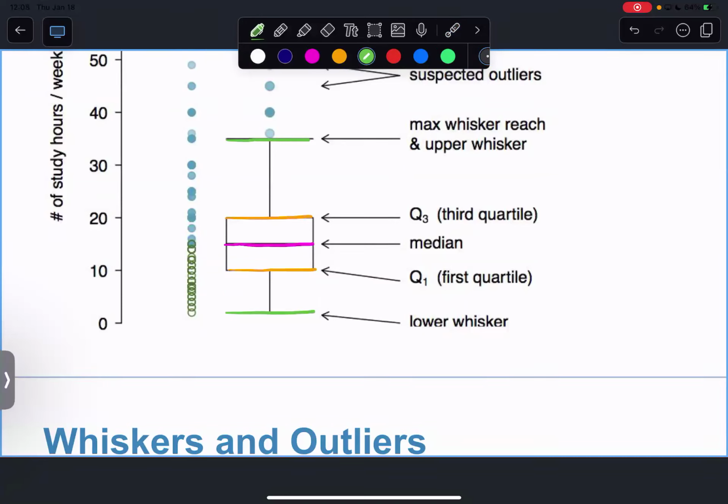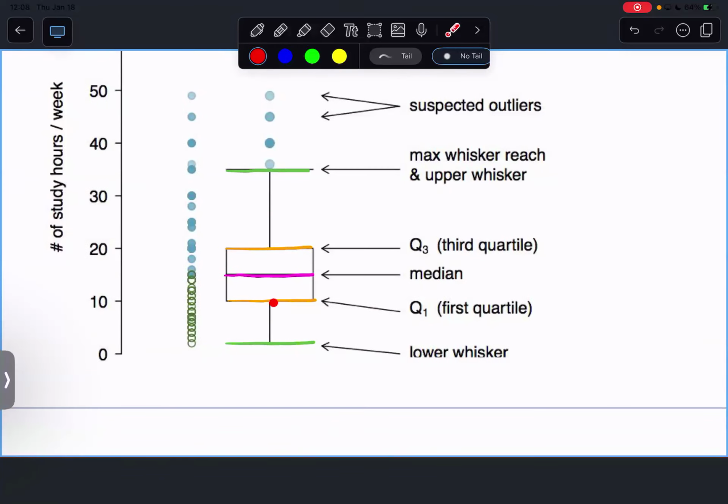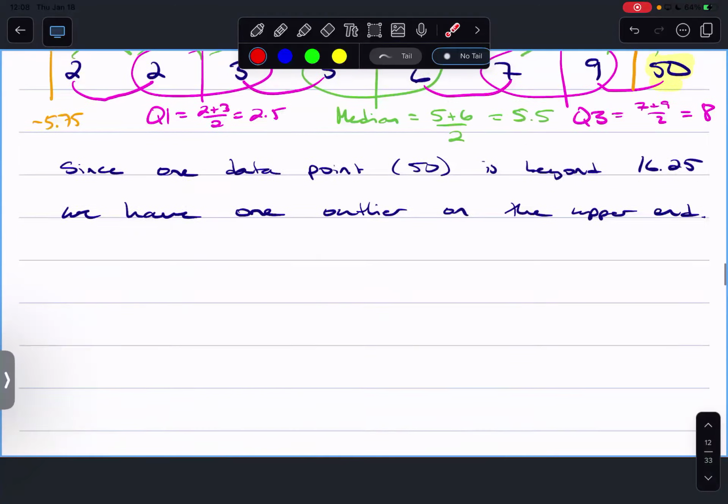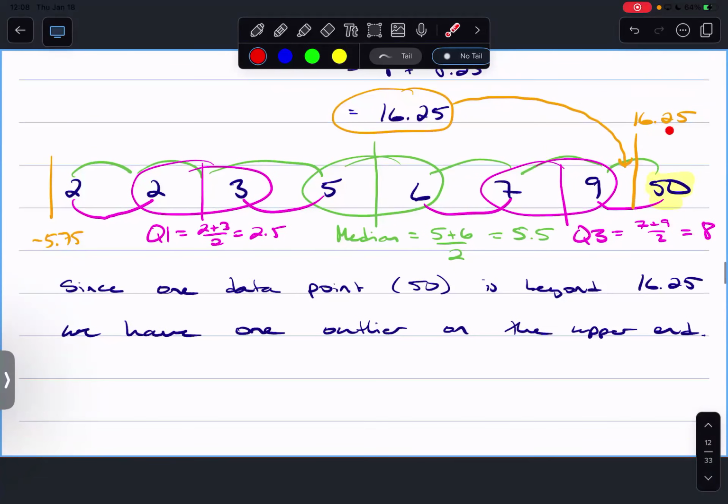Now, because I'm not going to make you draw a box plot, we don't have to spend a ton of time here, but the whiskers are drawn to the furthest or the outermost value that's still within the upper and lower bounds. Okay, so if I just quickly refer back to this value here, the upper and lower bounds are not added to the plot because we're just plotting the data. But what would happen is the whisker would say, okay, my upper bound is 16.25, my whisker would go to 9, right?